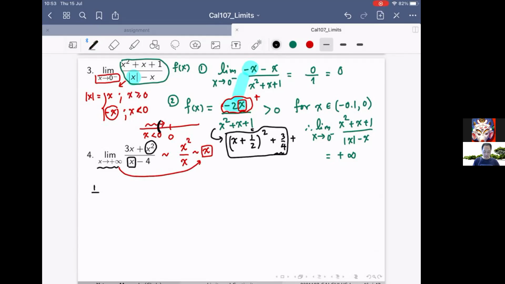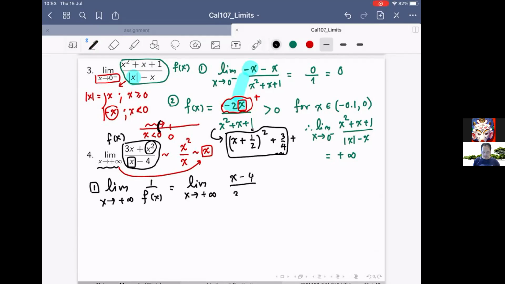So to really check, you need to go through 2 steps again. So you are going to let this one be your f of x. You check the limit of the reciprocal. So 1 over f of x, which is the limit as your x goes to positive infinity of this one. Okay, and then remember, you pull out the highest power. So we have x, and then 1 minus 4 over x, and then we got x squared and 3 plus 3 over x plus 1, okay?